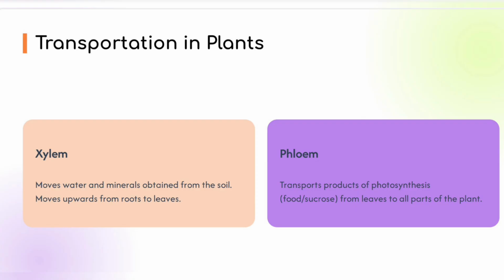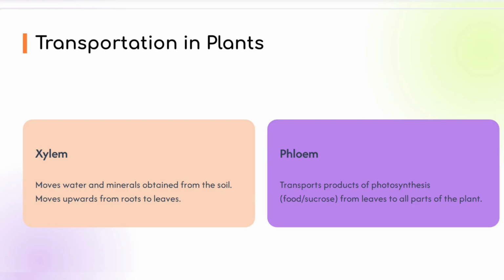They have two main conducting tissues, xylem and phloem. First one, xylem. It transports water and minerals absorbed from the soil by the roots. The movement is upward only, from the roots to the leaves and other parts.